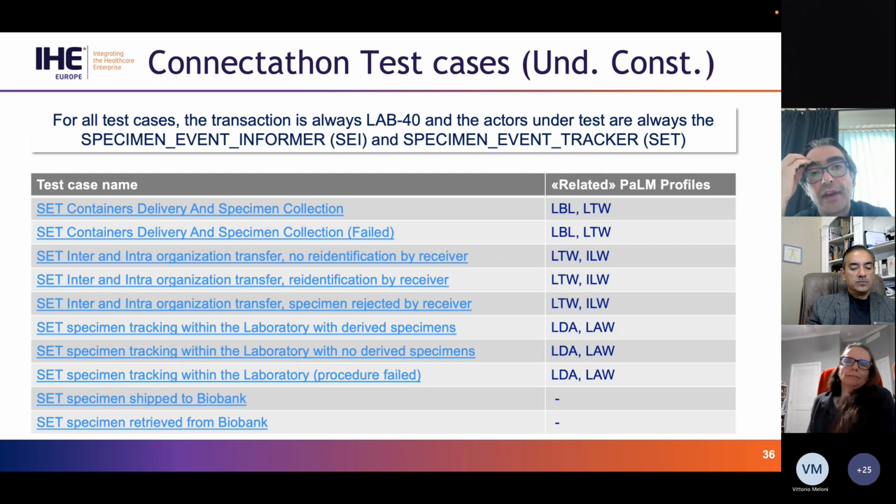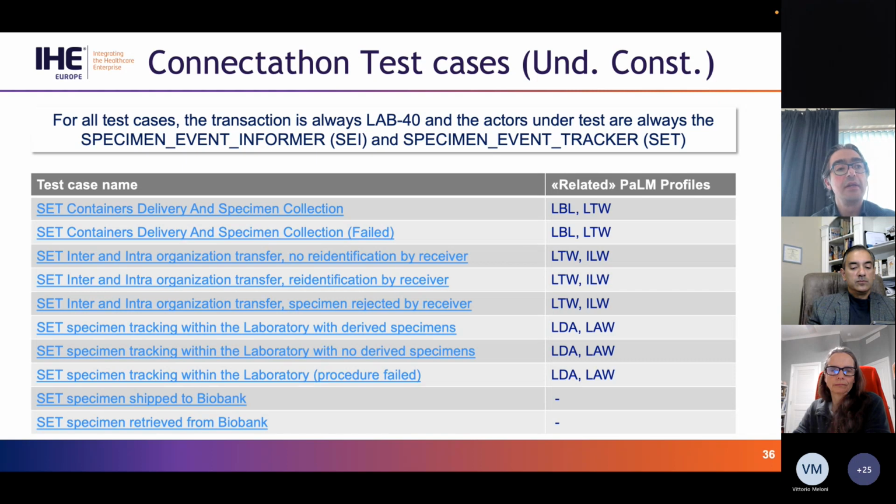You can see on the right a column named related PaLM profiles, because the tests derive from one of the use cases I talked about just before, and these use cases are somehow related to all the known profiles of PaLM.